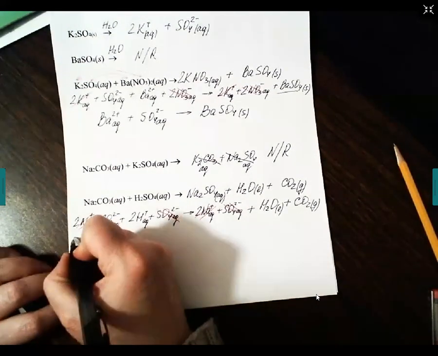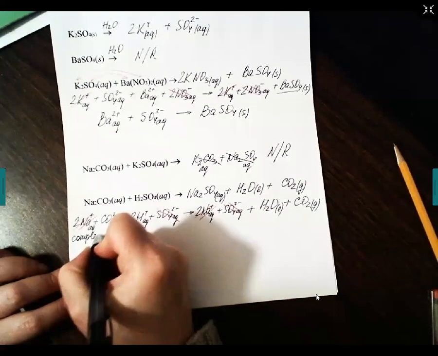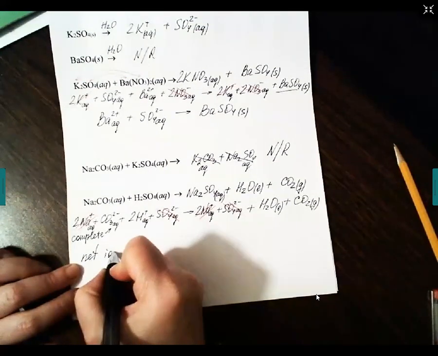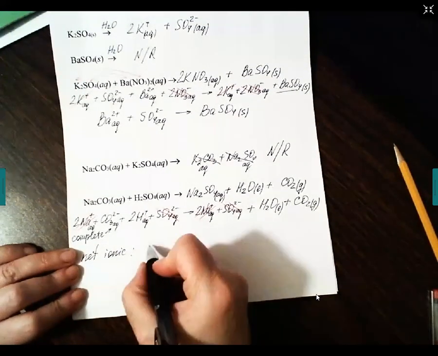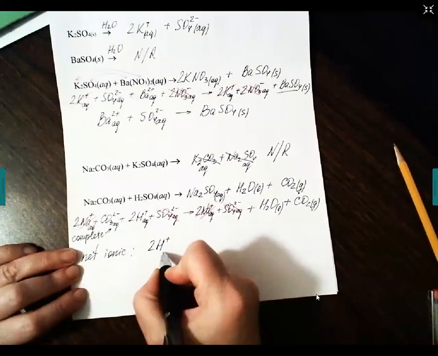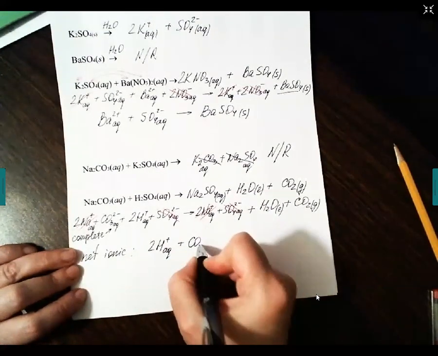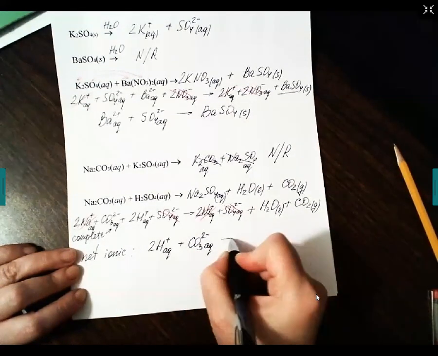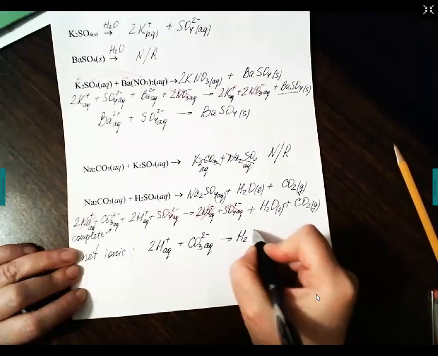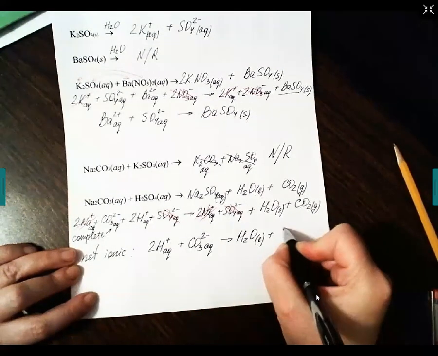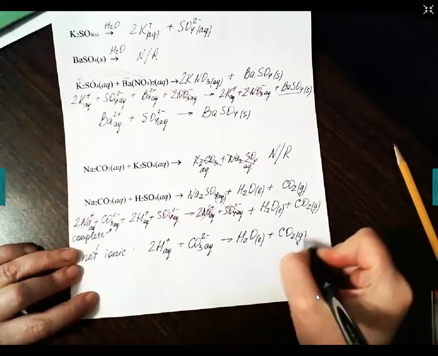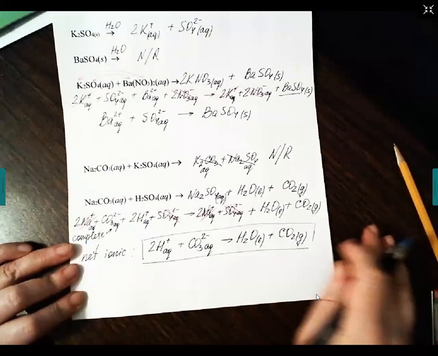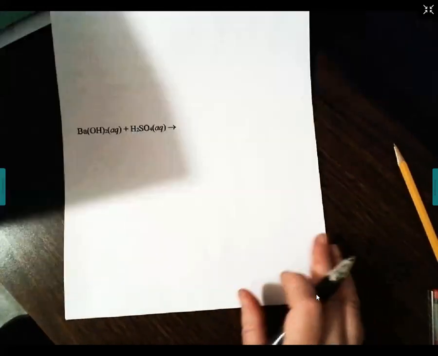So this is complete ionic, and this is going to be the net ionic equation. So it is 2H plus, carbonate ion, and products liquid water plus carbon dioxide gas. And this is our net ionic equation.